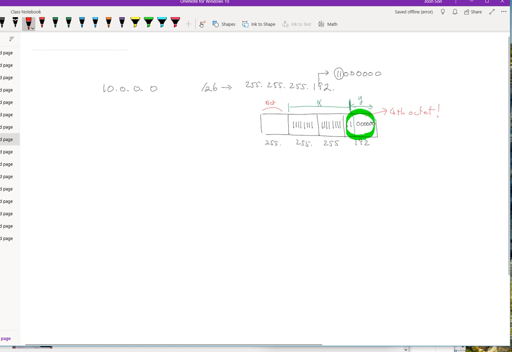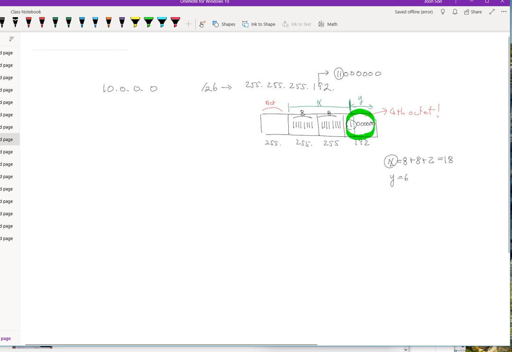Okay, since we know the X and Y, X is 8 plus 8 plus 2, so that's 18, and then Y is 6.